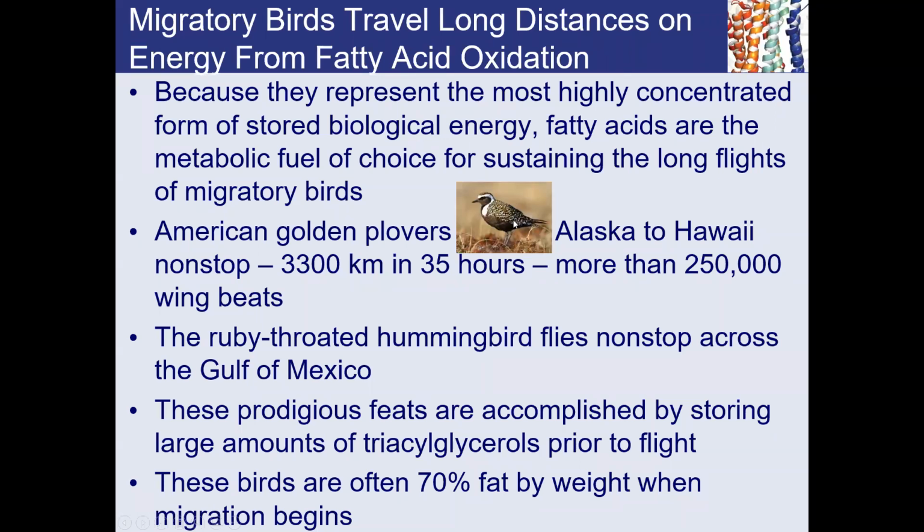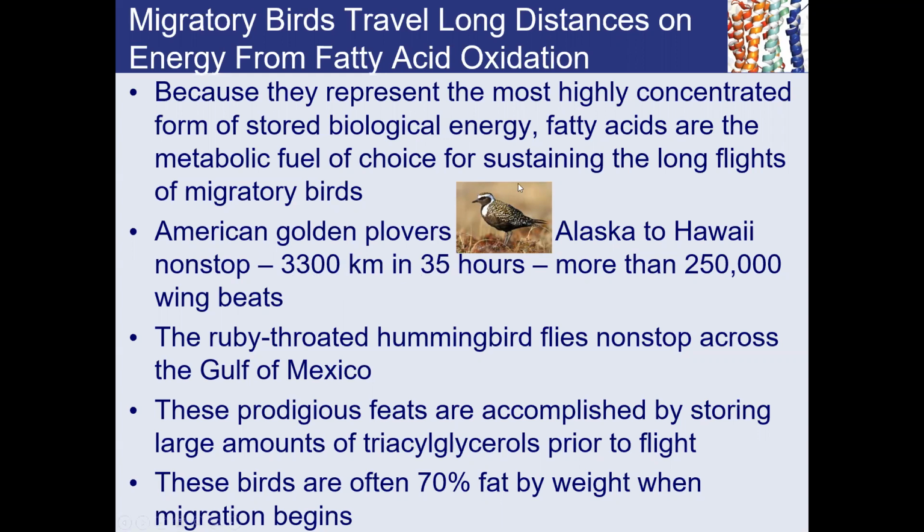Okay, and that's about 3,300 kilometers. So you can divide that by 1.6 and you will get the number in miles. And it covers that distance in about 35 hours. And to cover that distance, it literally has to make almost 250,000 wing beats. So you can see lots of energy will be needed, right?